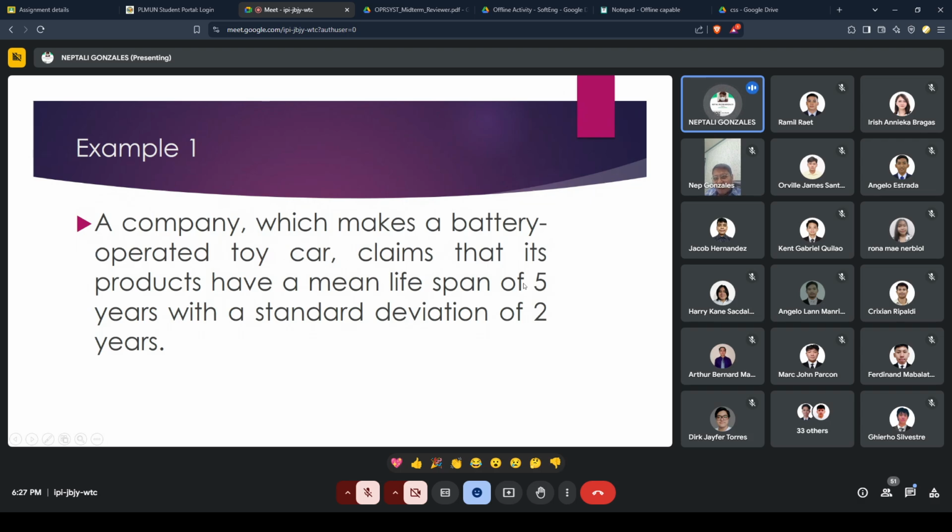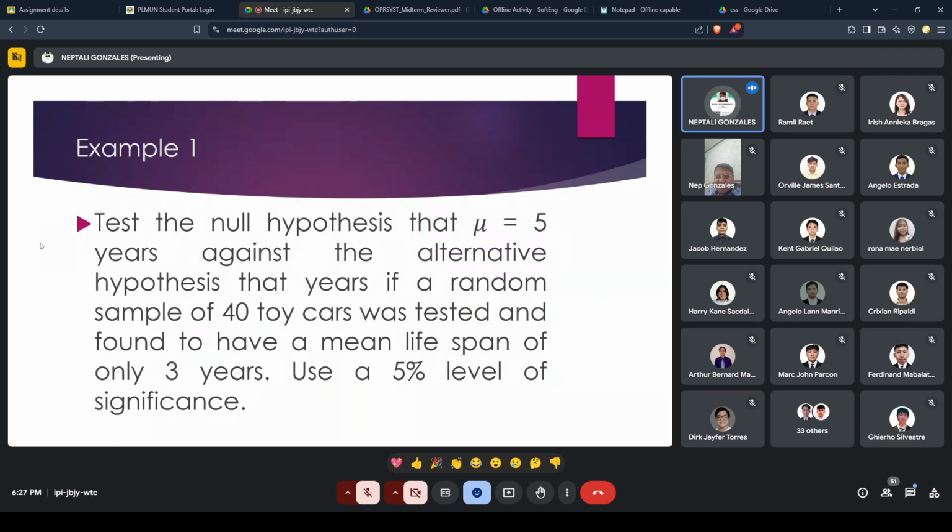Mean lifespan of 5 years with a standard deviation of 2 years. Test the null hypothesis that mu is equal to 5 years against the alternative hypothesis that mu is not equal to 5 years, if a random sample of 40 toy cars was tested and found to have a mean lifespan of only 3 years.